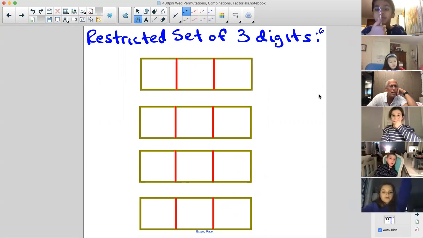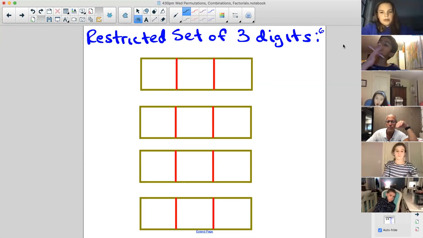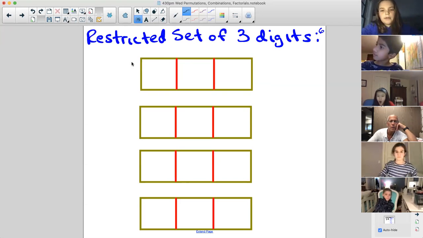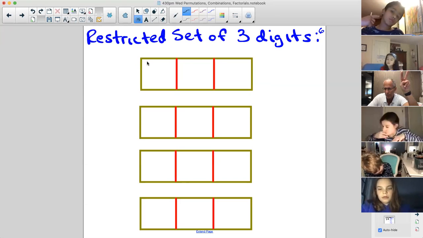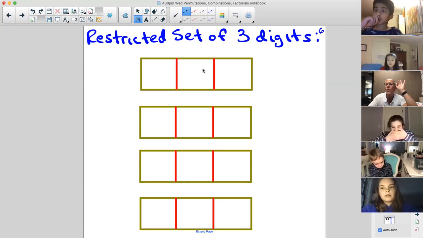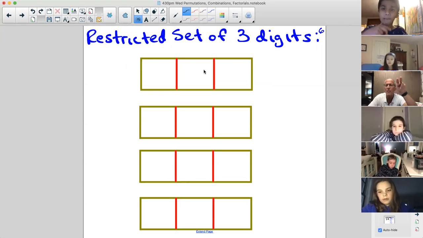And I don't want you looking back to the earlier page. I want you just looking at page 6. And I'm going to go with Hayden first. It was 3 and 4 and 16 and 17. Now that was when you had 2 digits, but this is with 3 digits. You are correct on 2 digits. This is 3 digits. It's a little bit different.